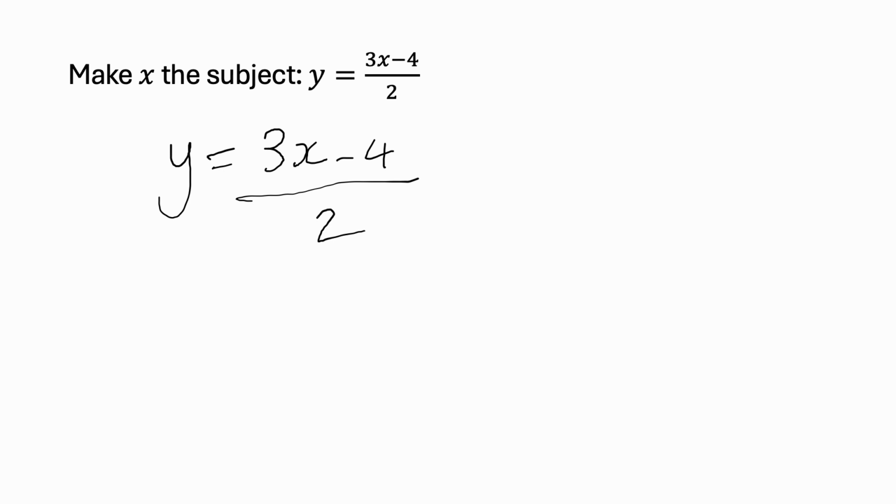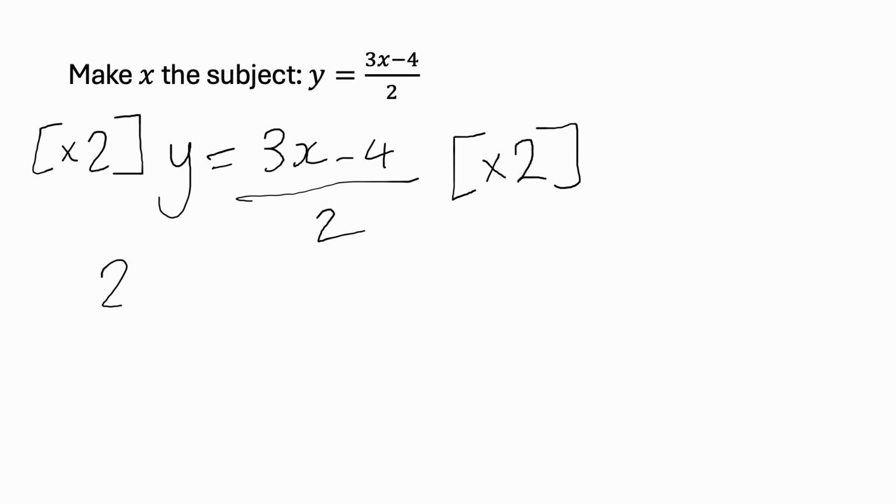And in order to get rid of the fraction, we always times by the denominator. So here, the denominator is 2, so we're going to times both sides by 2 to get rid of the fraction, the denominator. So we end up with 2y, and when we get rid of the denominator, we are just left with the number at the top, so 3x minus 4.